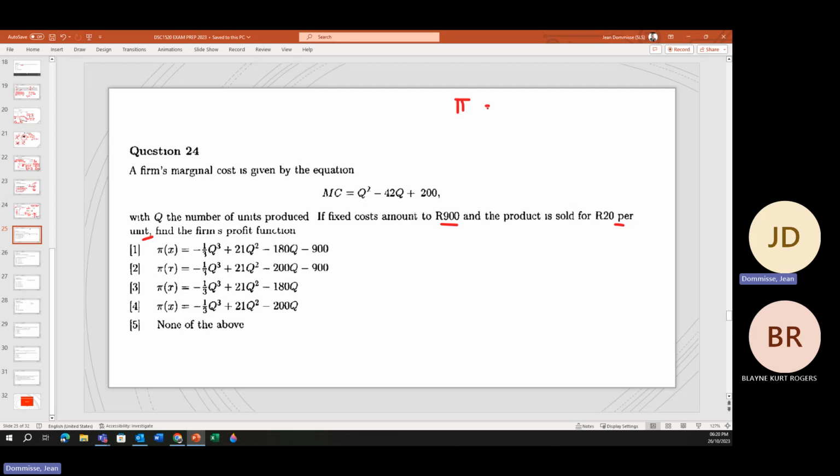Okay, so profit is equal to total revenue minus total cost. To go from marginal cost to total cost, we need to integrate.